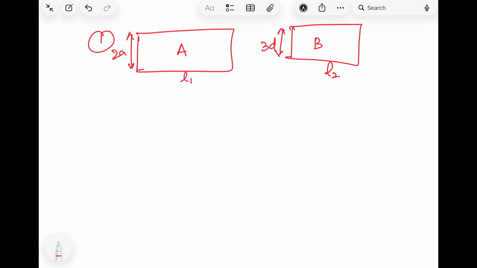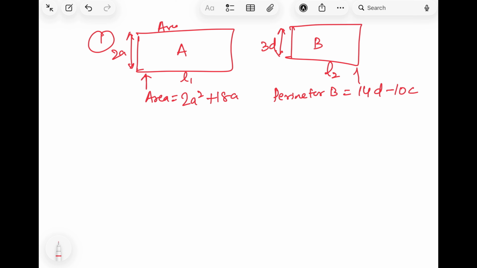We don't know that, but we know the area of rectangle A is 2a squared plus 18a, and the perimeter of rectangle B is 14d minus 10c. That means the area for this rectangle and the perimeter for this rectangle is already given, and width is given.